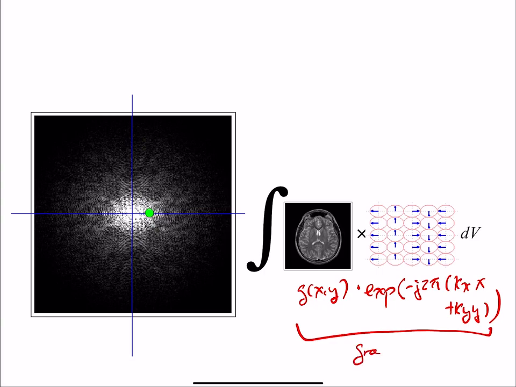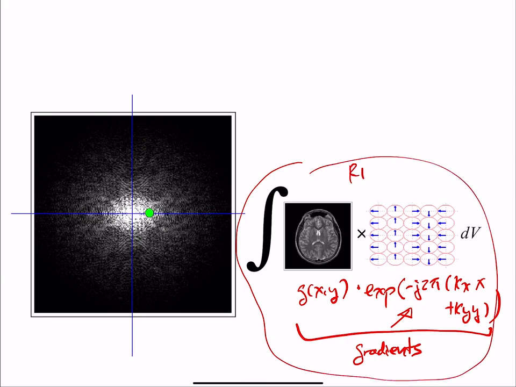The gradients do that because the multiplication is just implicit. It's how much spin is there, and the gradients are imposing this spatial pattern. All right? And then this integration is done with the RF coil. That captures all the signal from all the spins. The net magnetization from all the spins is what the coil sees. So that's an integration process.